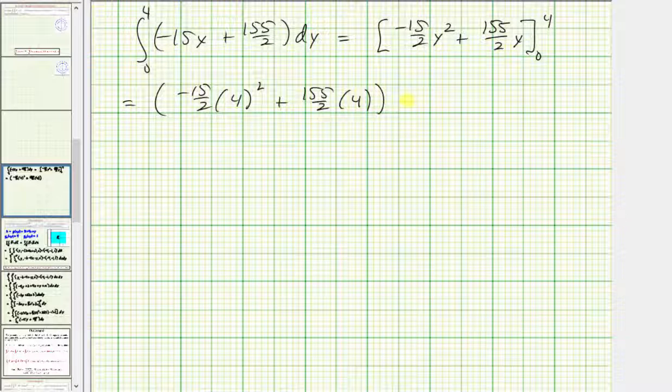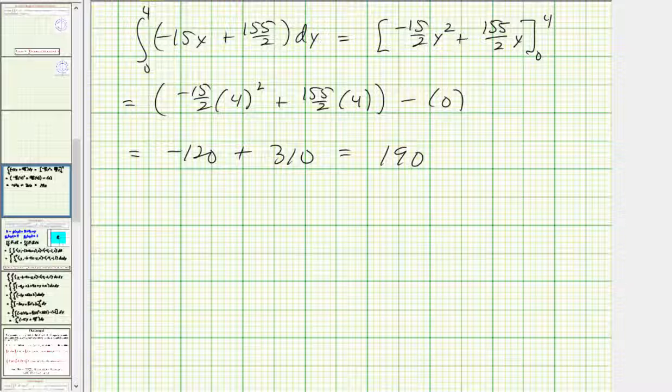And then when y is 0, both terms are 0. So simplifying here, negative 15 halves times 16 is equal to negative 120 plus 155 divided by 2 times 4 is equal to 310, which equals positive 190. So this is the value of the flux integral, which remember does represent a flow across the surface S. I hope you found this helpful.